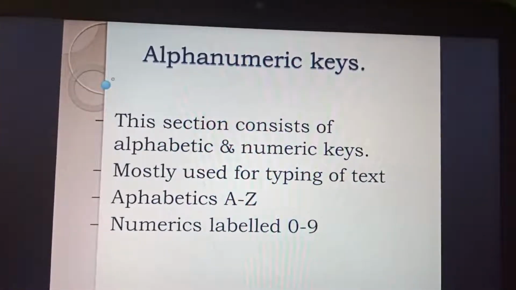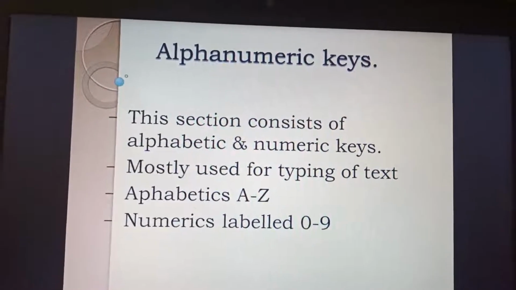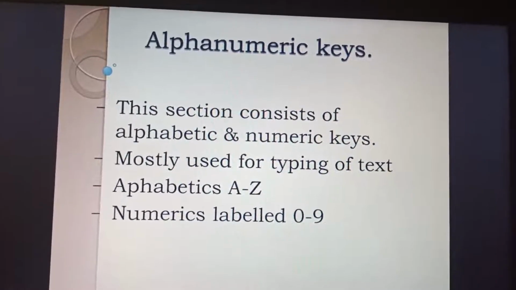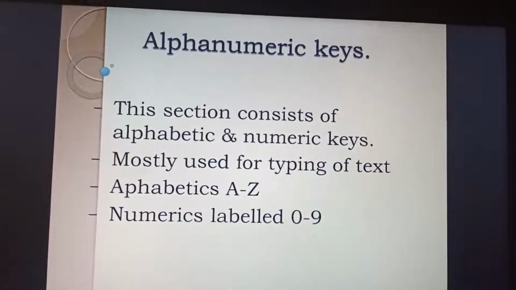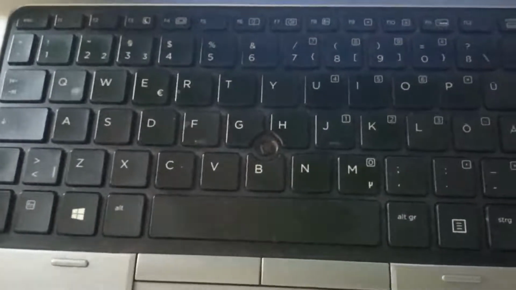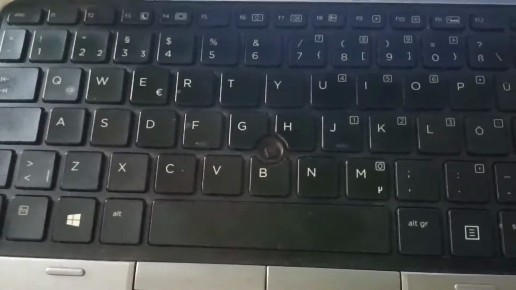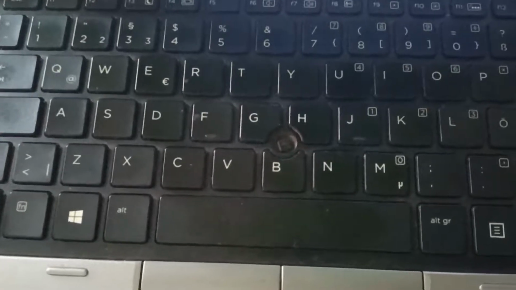Alphanumeric keys. This contains alphabetic and numeric keys. Mostly they are used for typing. They are labeled like the alphabetic, we have A to Z. You can see them, A to Z. And in a QWERTY keyboard, they are not labeled following each other.